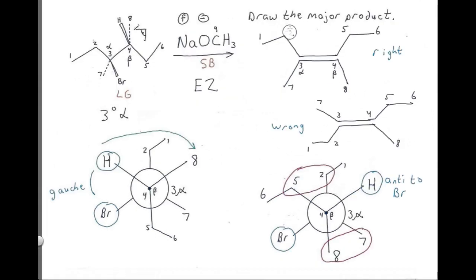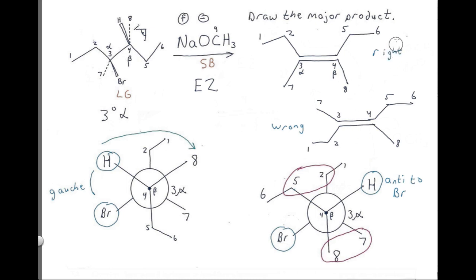You can see they're different because in this molecule, the methyl is cis to the other methyl, and the methyl is trans to the ethyl. But in this molecule, the methyls are trans to each other, and the methyl is cis to the ethyl. These are two different pictures with two different stereochemistry.